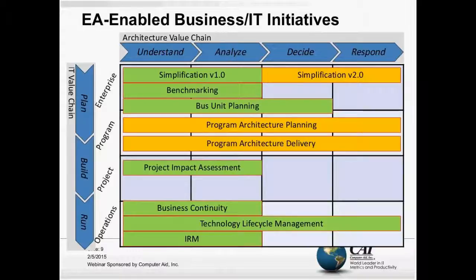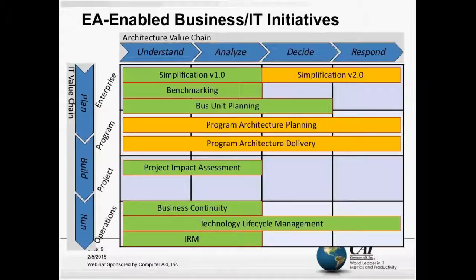We really can't bite that all off in one big chunk, so we're going to slice that up into two initiatives that are related to one another, the first one being simplification version 1.0. And that's going to require us to have a good architecture capability in the understand and analyze part of the value chain.